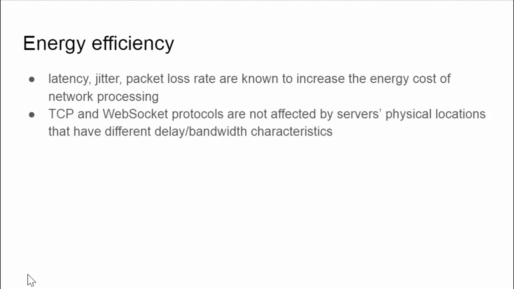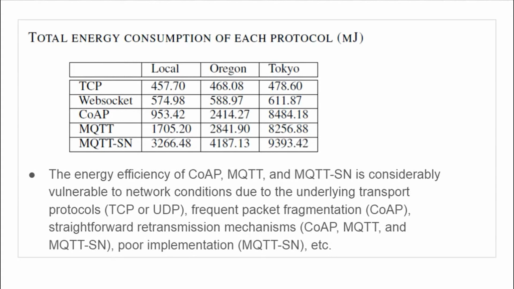When it comes to energy efficiency, TCP and WebSocket protocols are unaffected by the physical location of servers having different delay or bandwidth characteristics. CoAP, MQTT, and MQTT-SN have low energy efficiency due to underlying transport protocols, packet fragmentation, and poor implementation, etc. As in the performance experiment, CoAP's energy consumption increases with packet sizes greater than 1024 bytes.